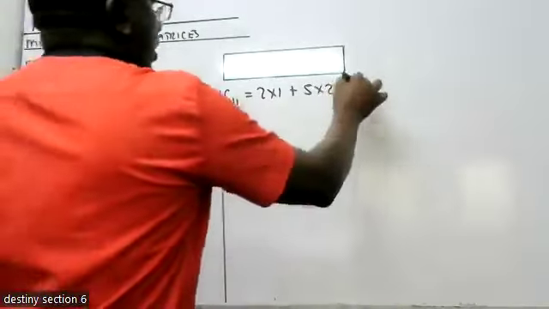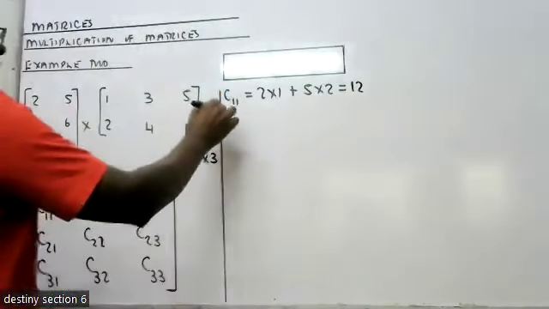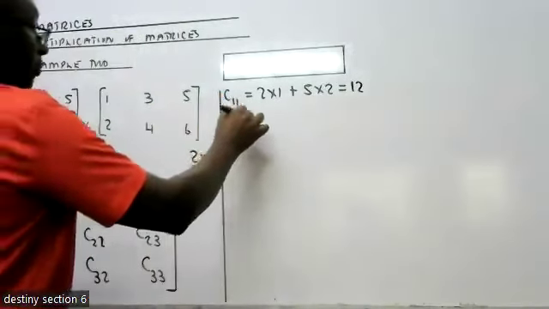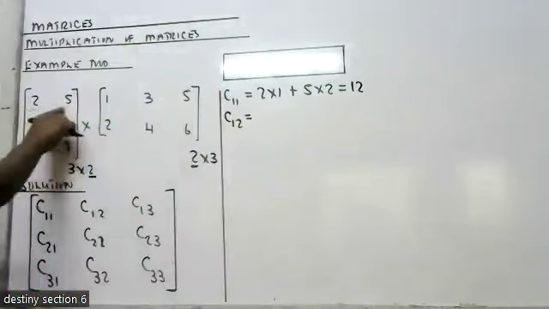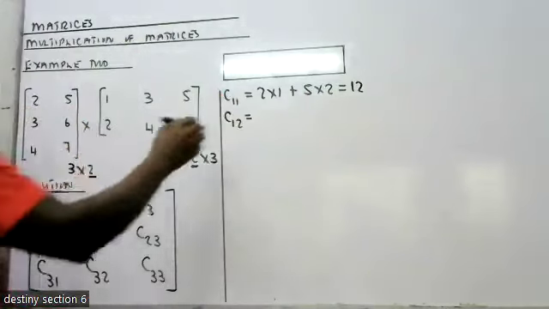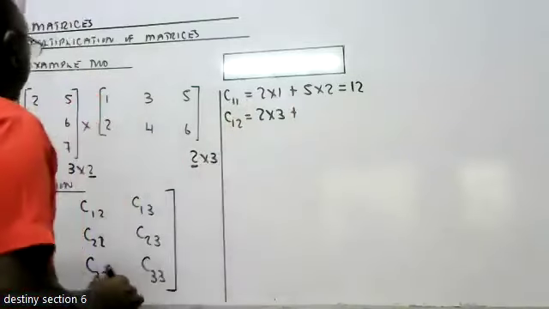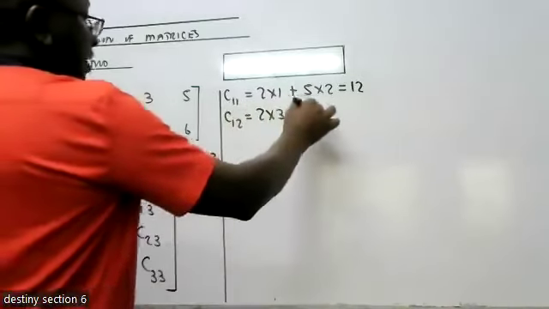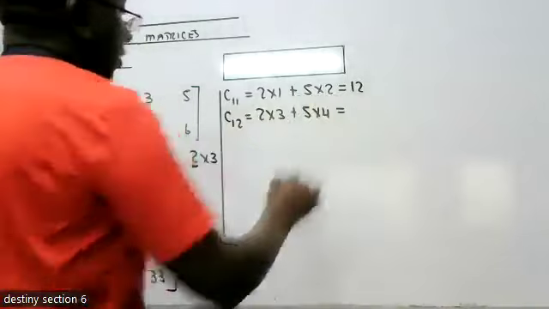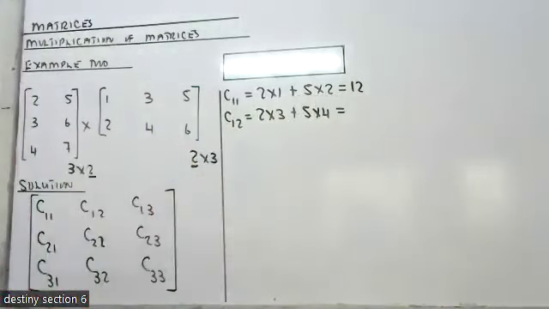Good. Now let us go to C12. It is row 1, column 2. So it is 2 times 3 plus 5 times 4.